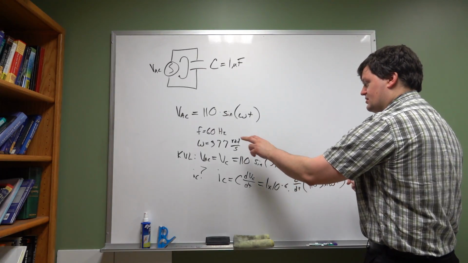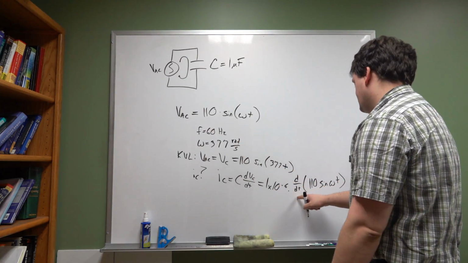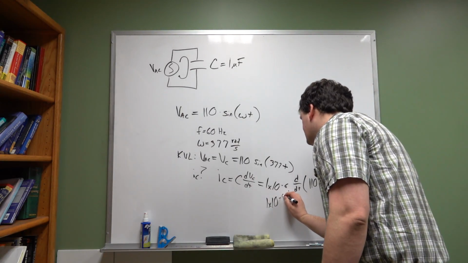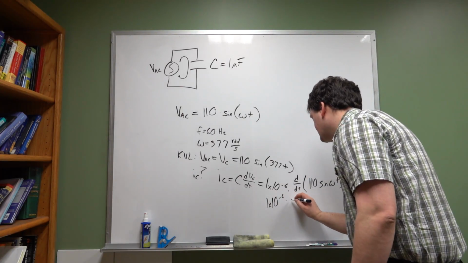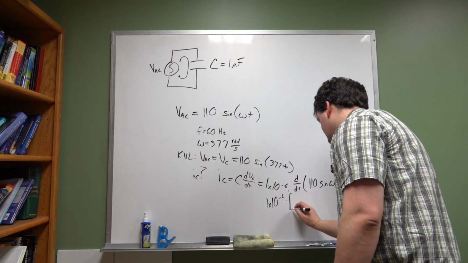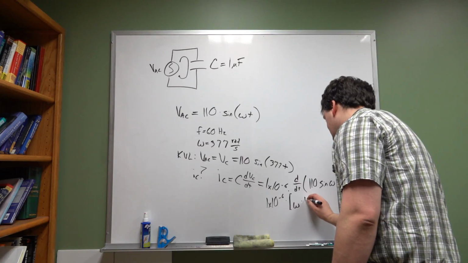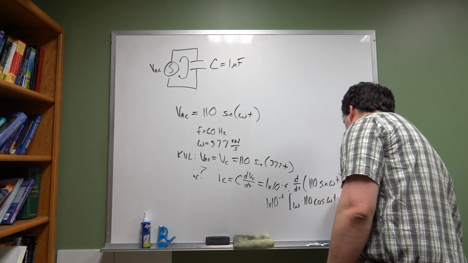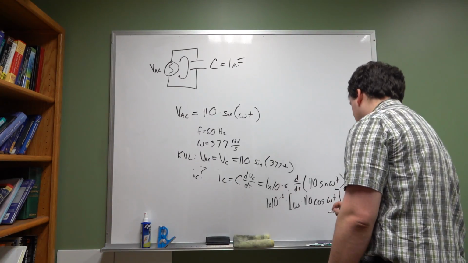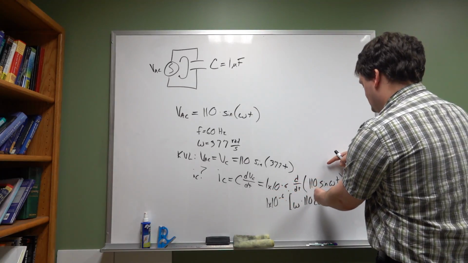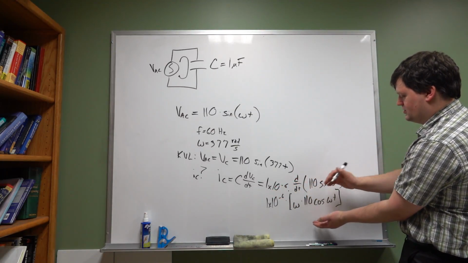where omega is 377. If we take the derivative of this, we get 1 times 10 to the negative 6th times omega times 110 cosine omega t. Okay, that's all the derivative is. So we just took the derivative of this function, moved it down.